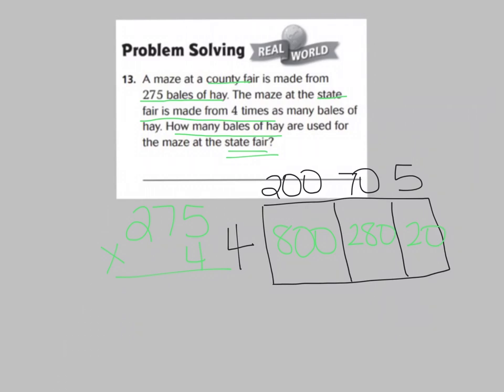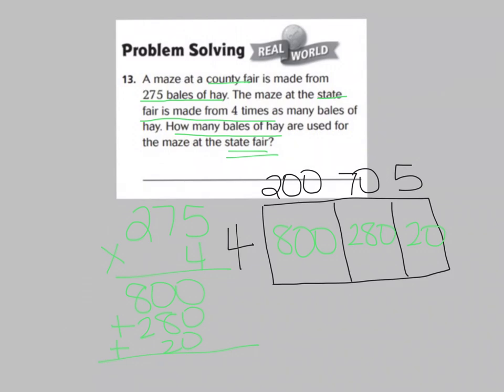I'm going to go ahead and set up our partial products underneath my equation, and I'm going to go from greatest number to smallest number. So I have 800 plus 280 plus 20. And I'm going to add those all together.